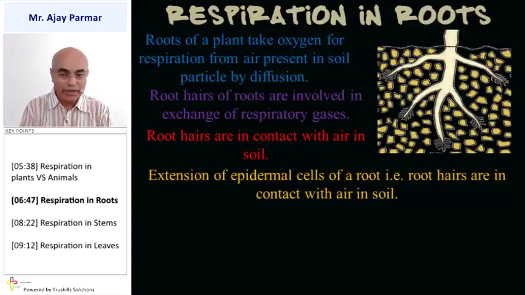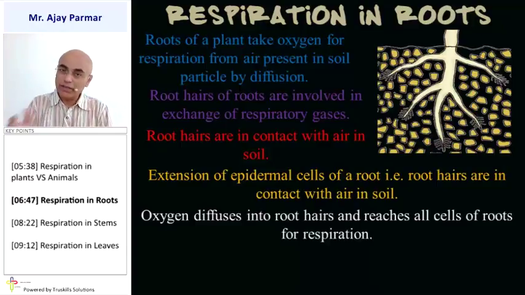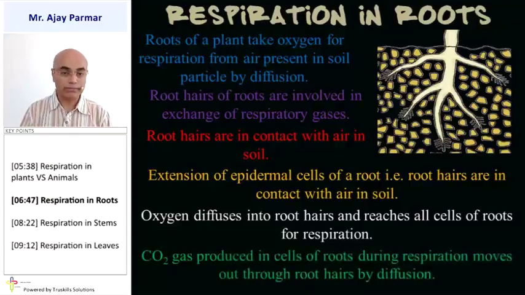The root hairs are extensions of the epidermal cells of the root, they are in contact with the soil and they are responsible for absorbing oxygen. Oxygen diffuses into the root hairs and reaches each and every cell of the roots for the purpose of respiration.